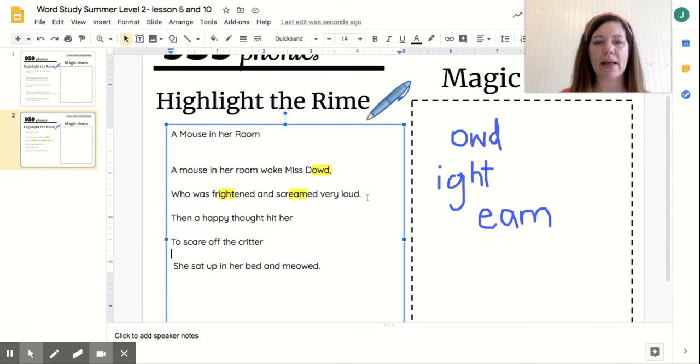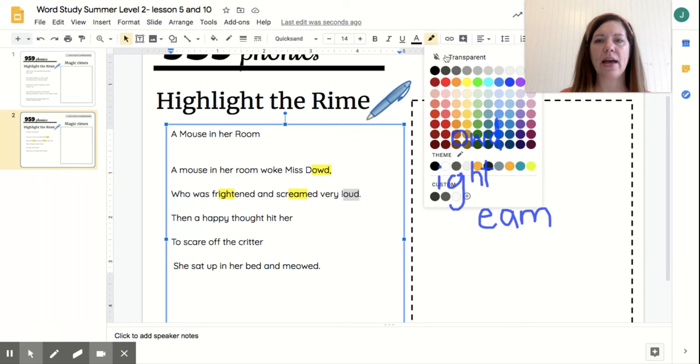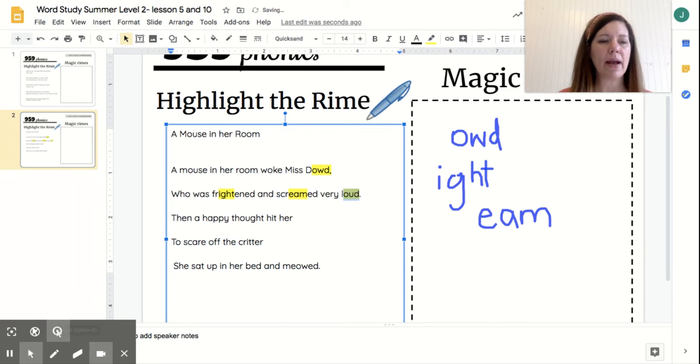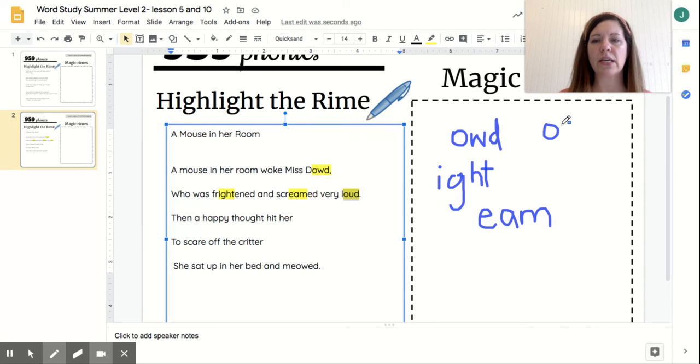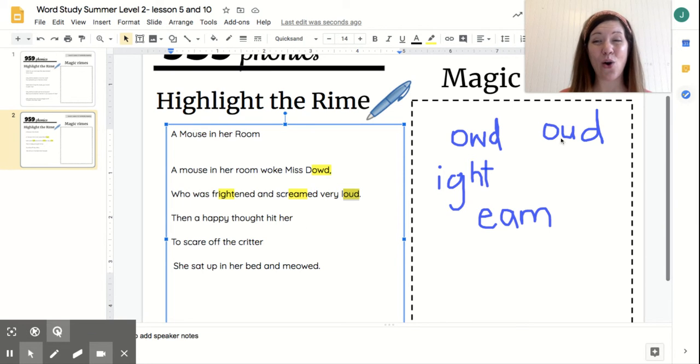What's the magic rhyme there? O-U-D, highlight that. And I'm going to write mine up here because I want to pay special attention to how O-W-D said owd and O-U-D says oud. I think that's interesting. All right, let's read just this line. Who was frightened and screamed very loud.